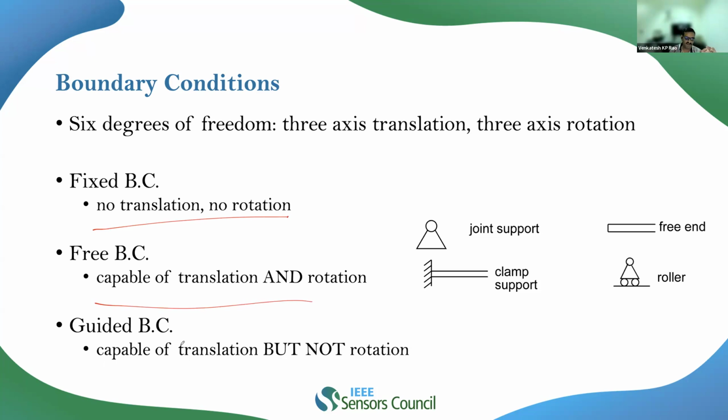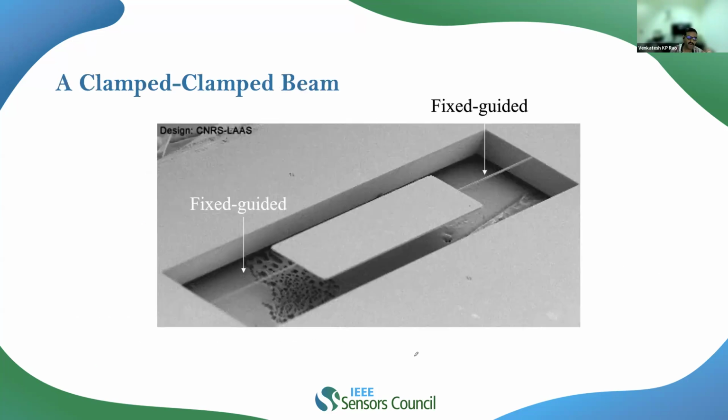Whereas in the case of guided support, it is capable of translation but not rotation, right? And this is a case of a clamped beam. Note that here this is basically a beam, and this is another beam. And here I have basically a beam, right?